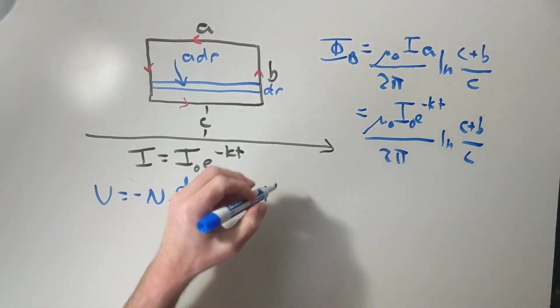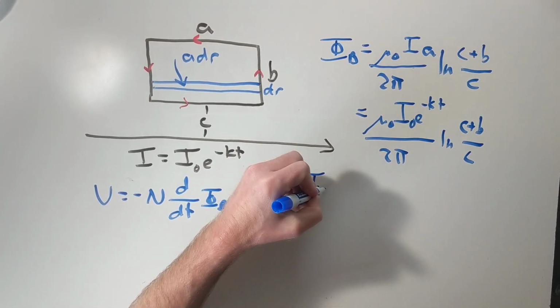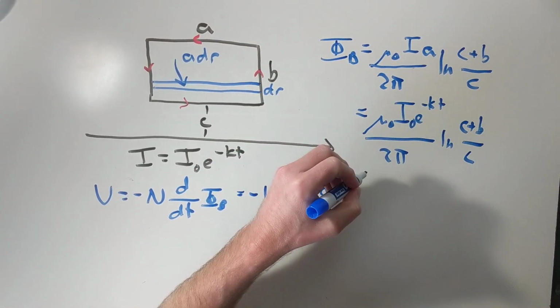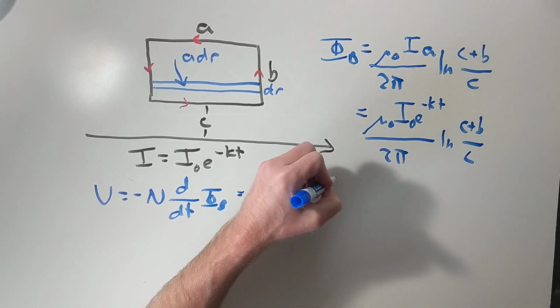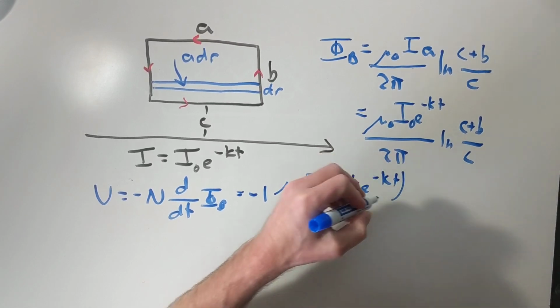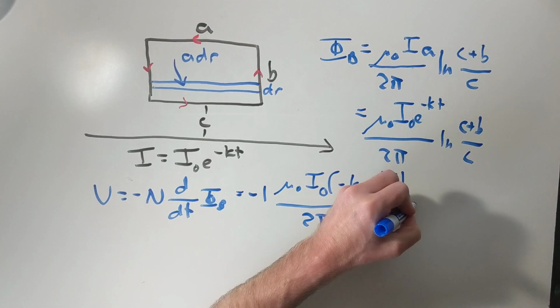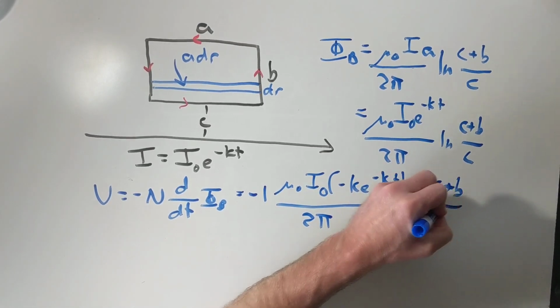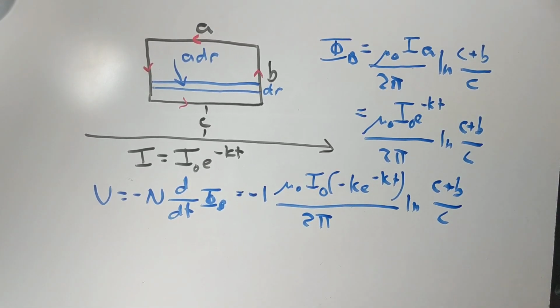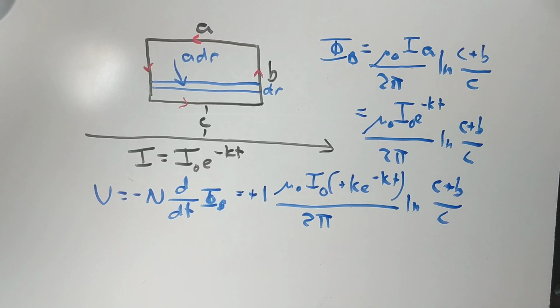I take the derivative of this, it becomes mu naught I naught. The derivative of e to the negative kt is going to be negative k e to the negative kt, divided by 2 pi, and I get the natural log of c plus b over c. And you can simplify that a little bit if you'd like, because the negative signs will just cancel right there. But that's it. This is the voltage generated.